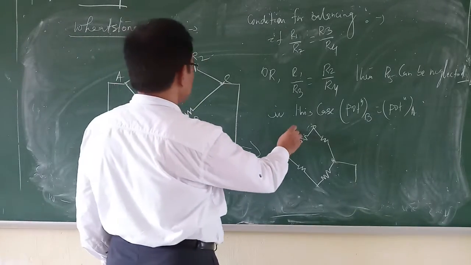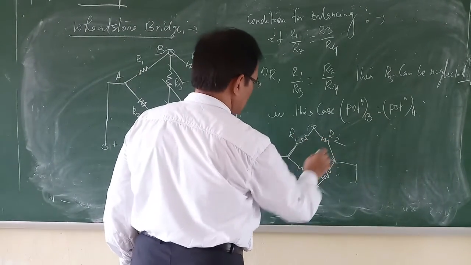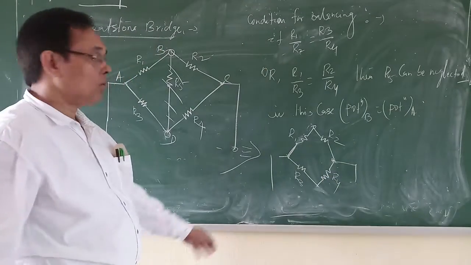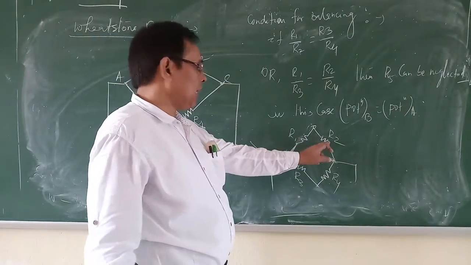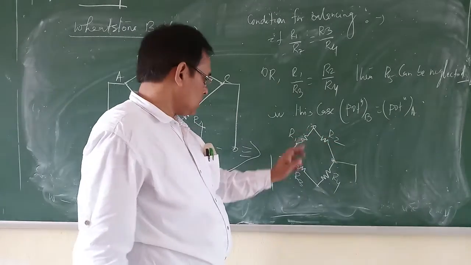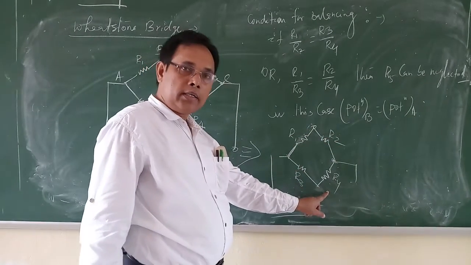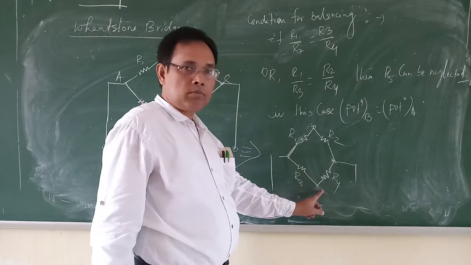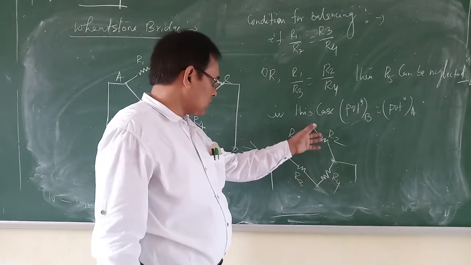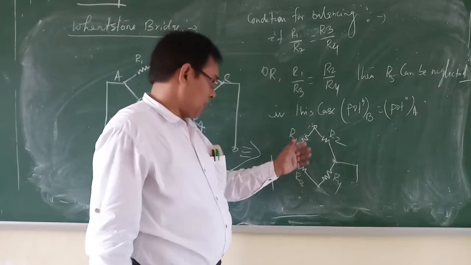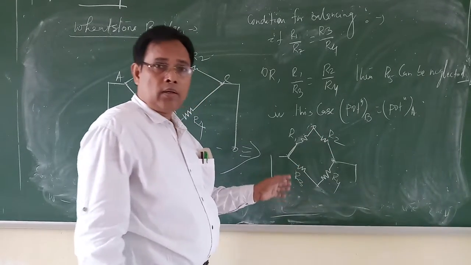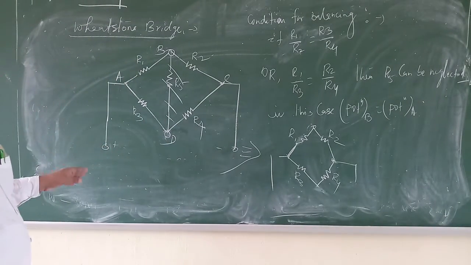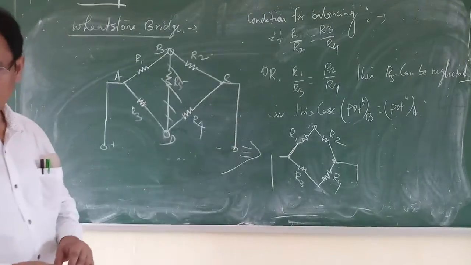And after that, this is R1, this is R2, this is R3, this is R4. Then you solve it: R1 and R2 both are connected in series, R3, R4 also connected in series. Find the equivalent of these two, then find the equivalent of these two, and after then these equivalents are connected in parallel, and then solve the problems. So this method is very useful to solve the problems.